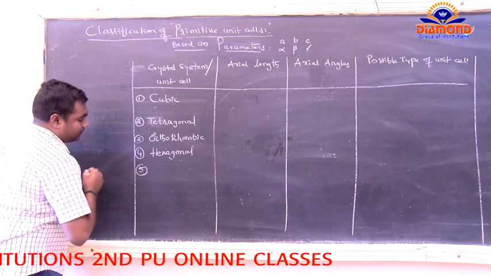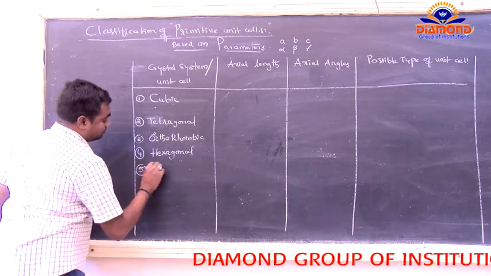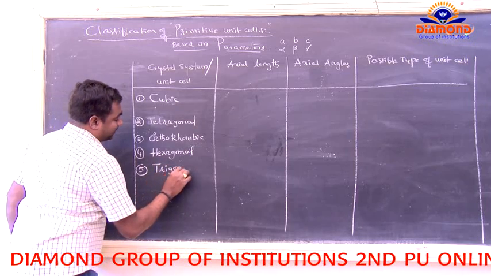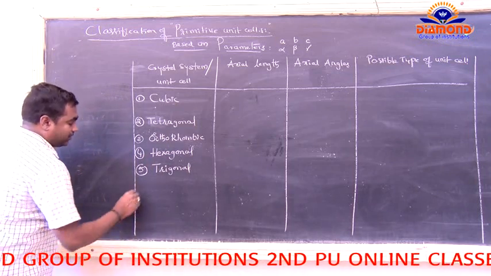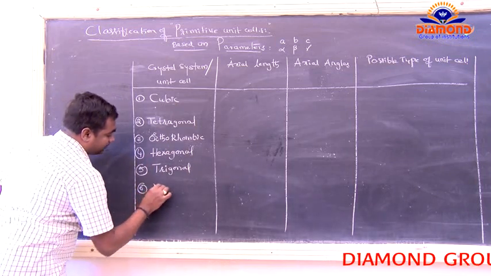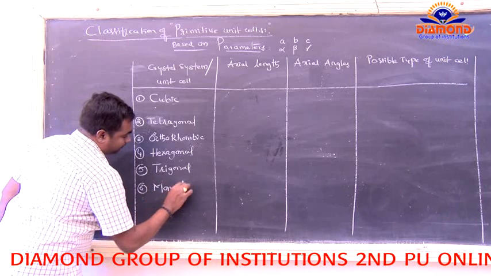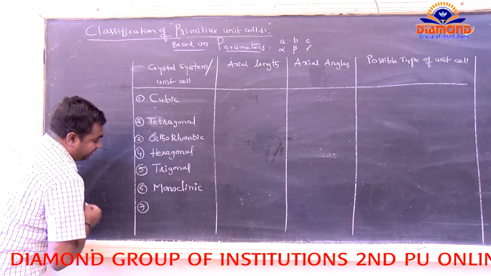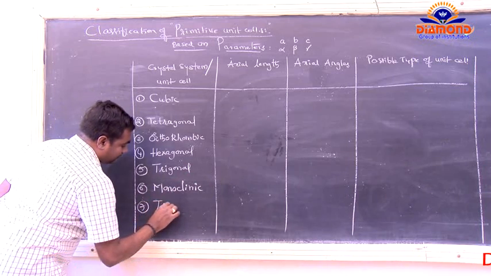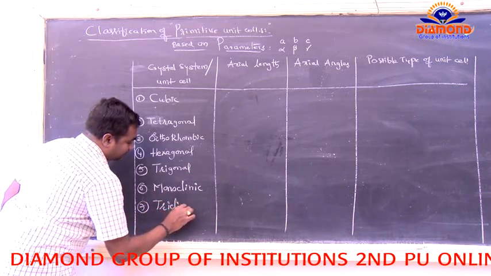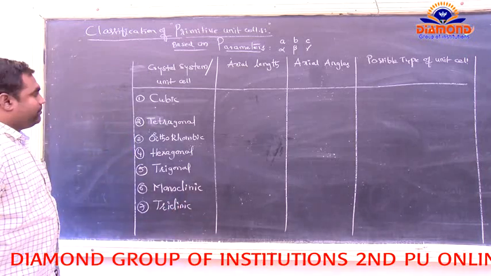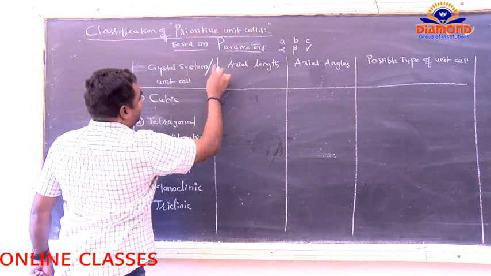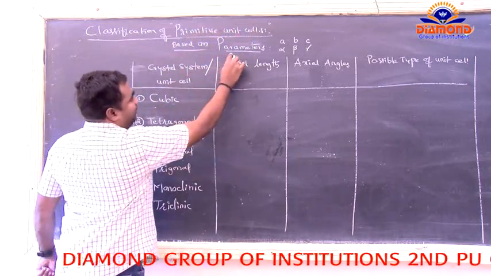The fifth one, trigonal. The sixth one, monoclinic unit cell. The last and final one, triclinic unit cell. So actually the primitive unit cells are classified into 7 types based on the parameters.